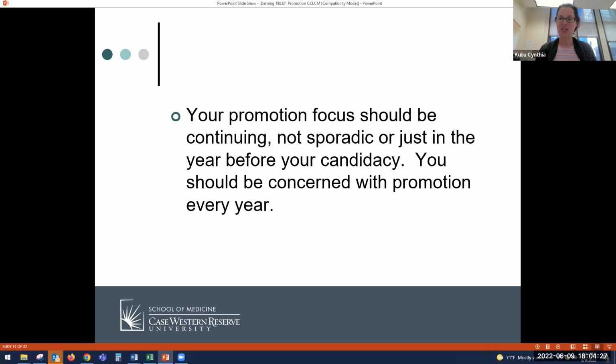It should be continuous. Some simple examples that I have found really helpful: pick a day on the calendar, and every 5th day of the month, you update your CV. It is so easy to forget everything that we've done, every committee that we were asked to do, every mentoring relationship, whether it be a peer or a student or a colleague at another institution.